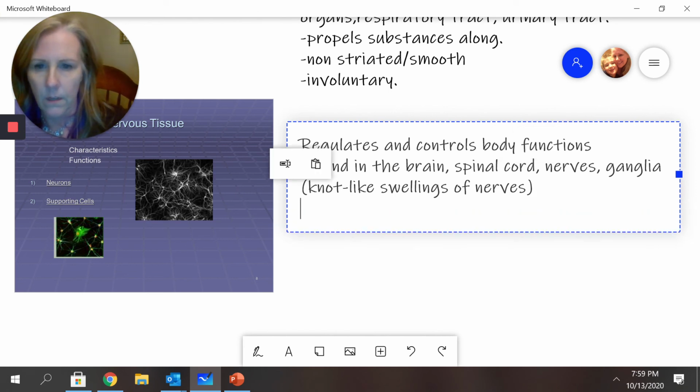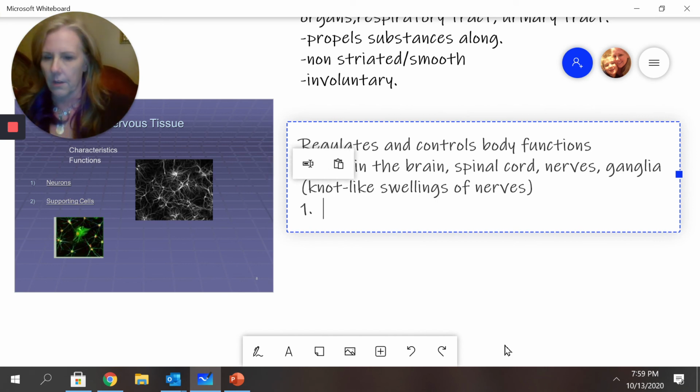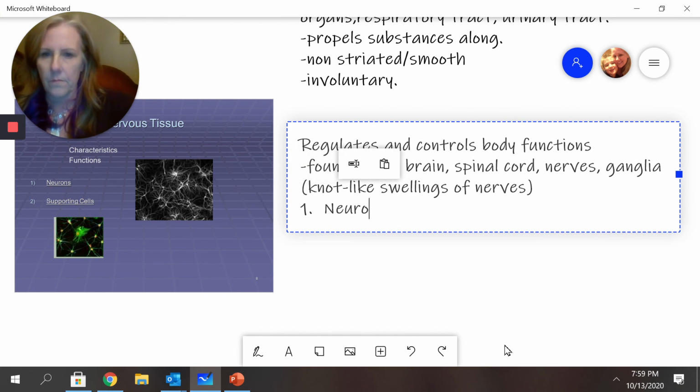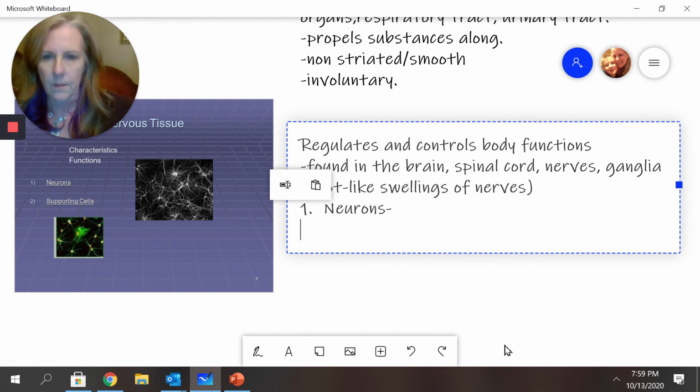All right, there are two types of cells that are found in this type of tissue. That's what I want to concentrate on. The first one, neurons. Now, right now we're just doing an overall introduction to the major functions of this type of tissue. Now, neurons, what do they do?